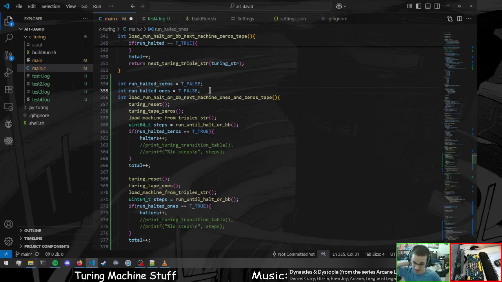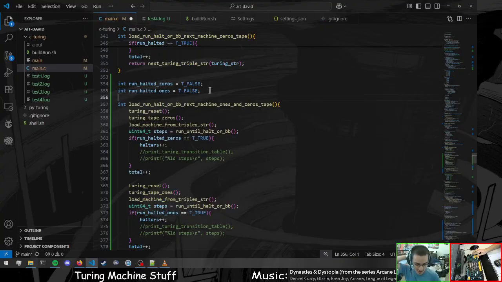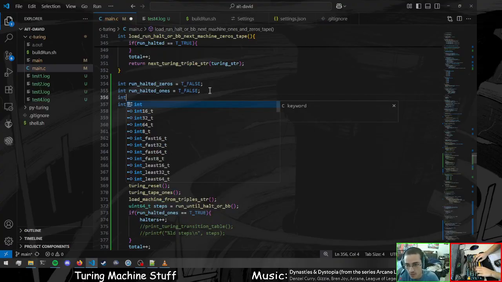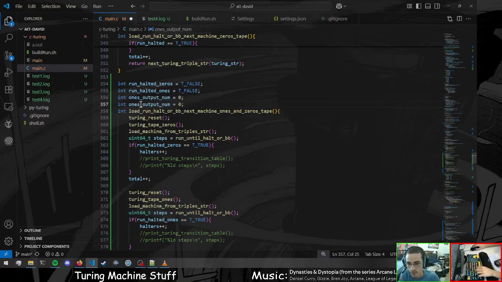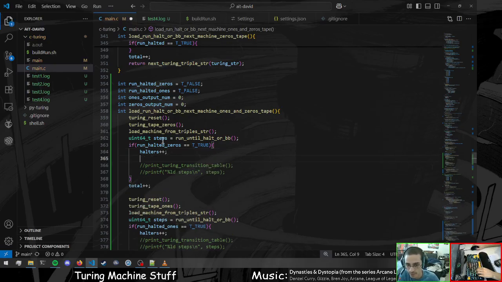Yeah, I gotta store the output. So here I'll put the ones output number and the zeros output number. How about that? And then if it did halt, I will put the output in number form here.